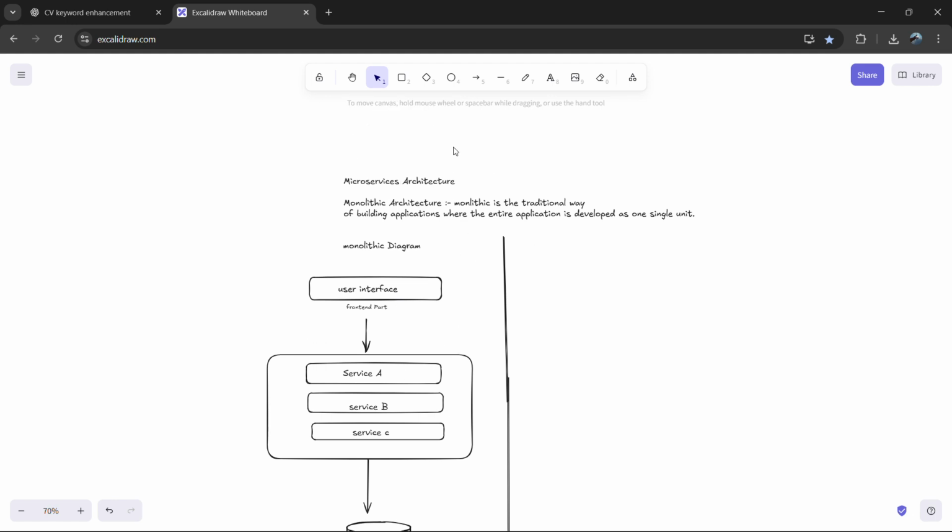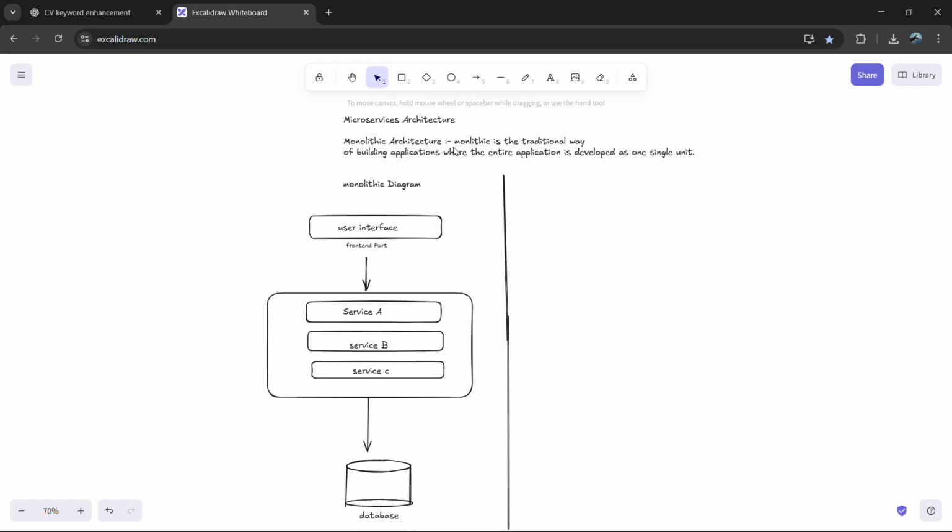Now we will see what a microservice is. Microservice is nothing but an updated version of monolithic architecture. Nowadays, in many big companies, developers use microservices architecture instead of monolithic architecture.